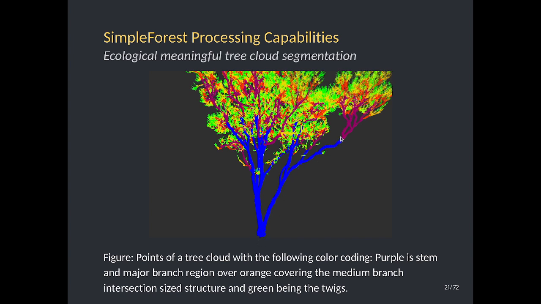So here it's not a QSM anymore, it's the input point cloud of a tree, but we can transfer the QSM to the point cloud, and then we have ecologically meaningful clusterization possibilities for the point cloud. So all twig points are colored green, the major branching structure is blue and purple, and orange is the intermediate one.